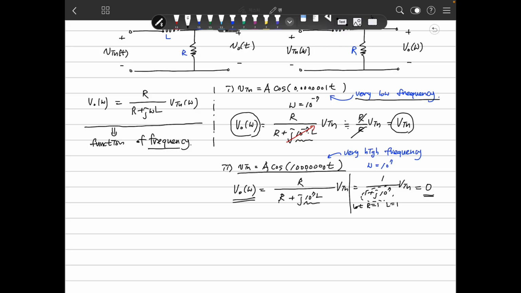So this is very important. Especially, the system can be represented in terms of frequency omega. This is a frequency response. From this frequency response, we can guess whether this is a low pass filter, high pass filter, band stop filter, band pass filter, or something else.